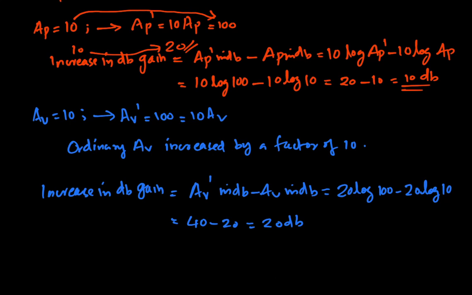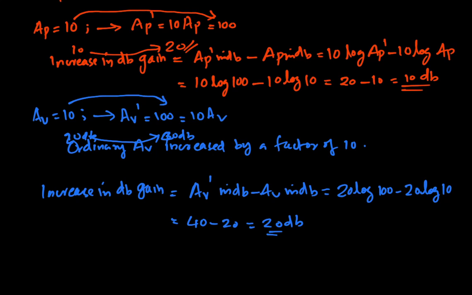So when the ordinary voltage gain becomes 100 from 10, then the corresponding decibel gain becomes, sorry, 20 decibel to 40 decibel. Sorry for that. So the increase is by only 20 decibel.